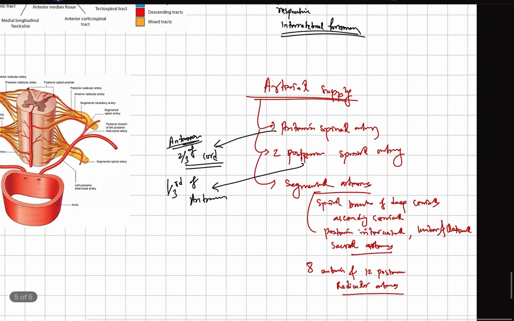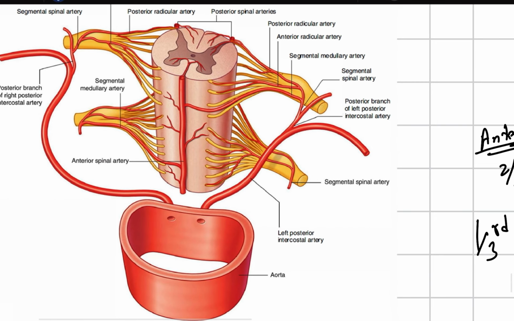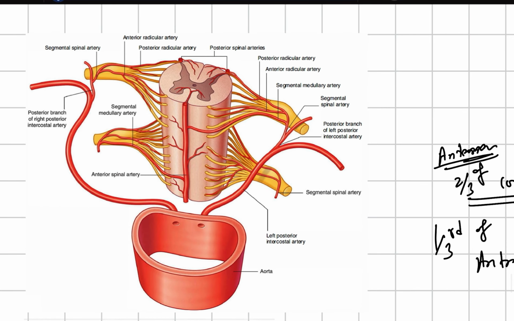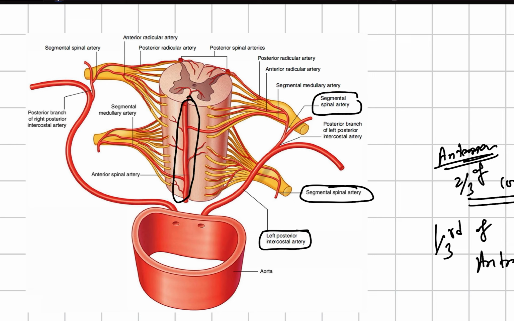This is regarding the external view. When we look at this image, these are the segmental spinal arteries from the thoracic, lumbar, sacral and cervical regions, and this is the left posterior intercostal artery, forming branches like the segmental artery. This is the anterior spinal artery, and posteriorly there are 2 posterior spinal arteries.